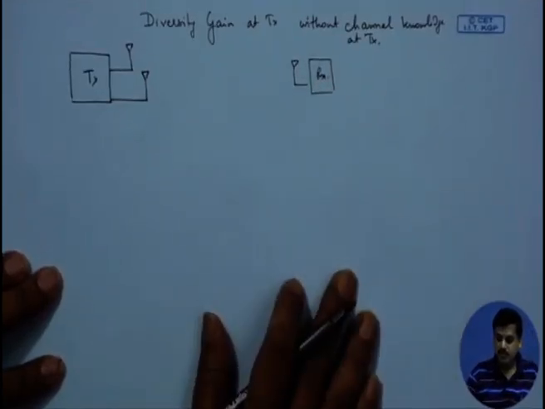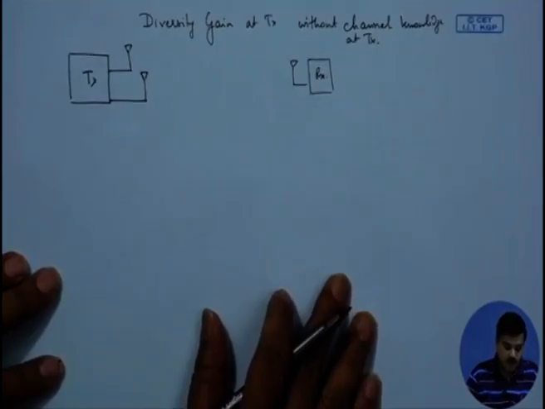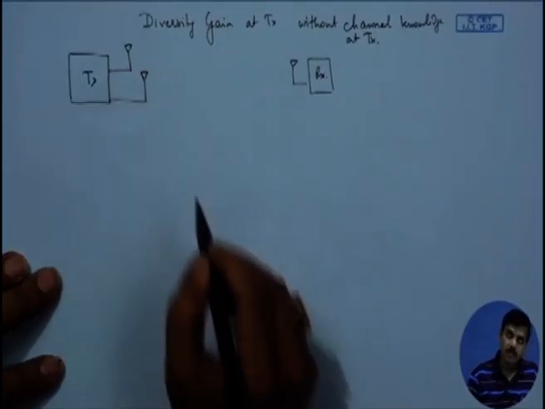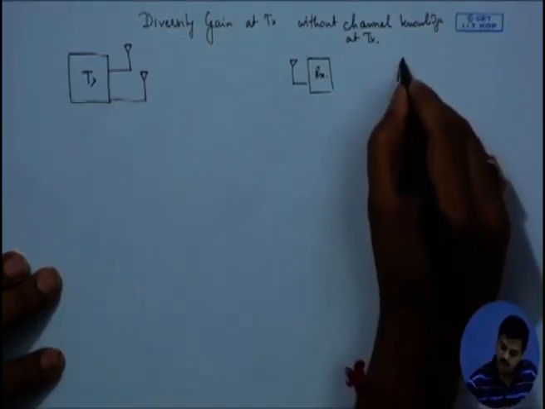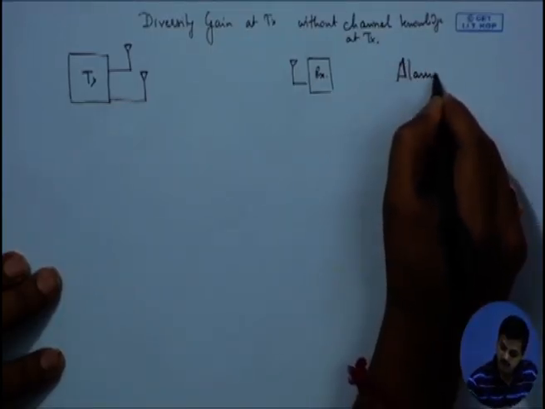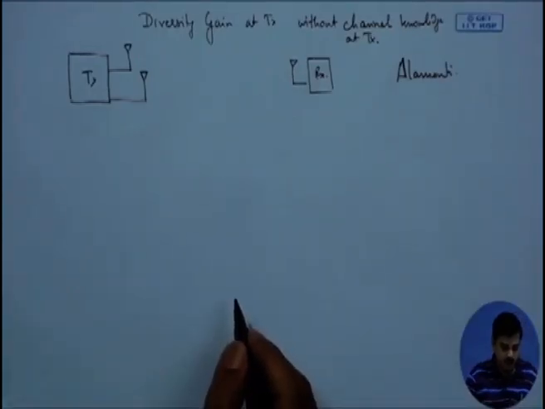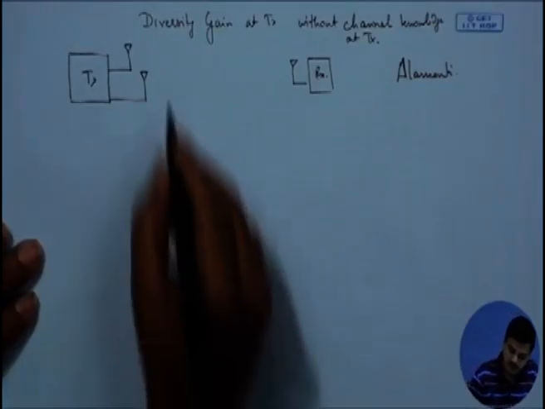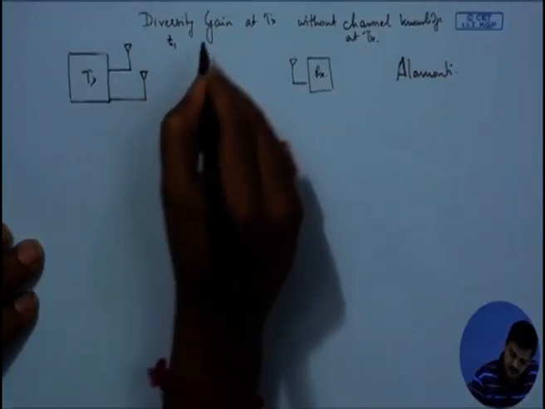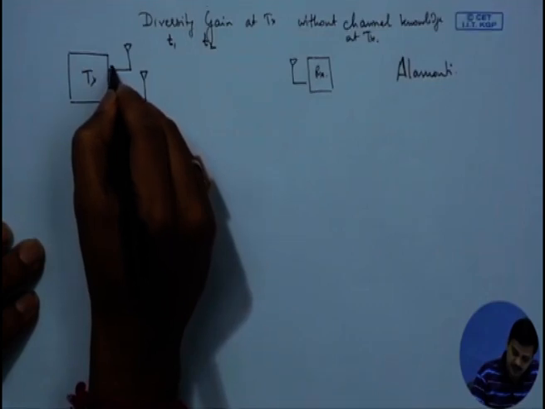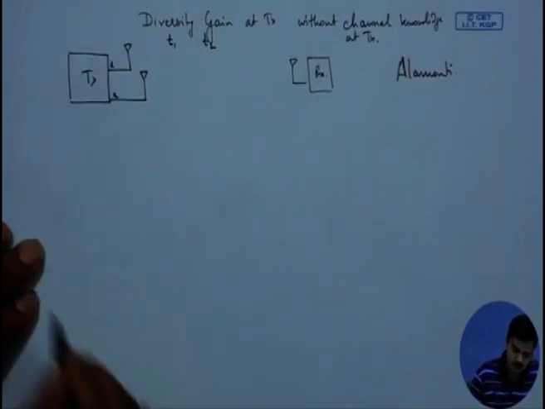This scheme is a very special scheme, proposed by Alamouti, and is known as the Alamouti scheme. That is what we are going to discuss in this section. Here we will consider 2 time instants, T1 and T2, and say this is antenna 1 and this is antenna 2.